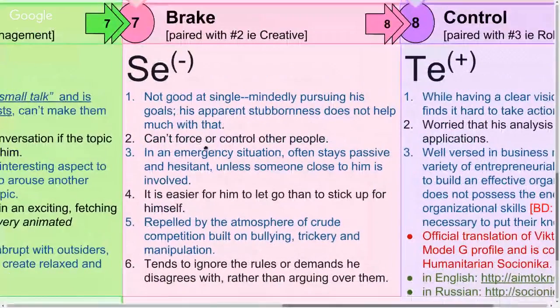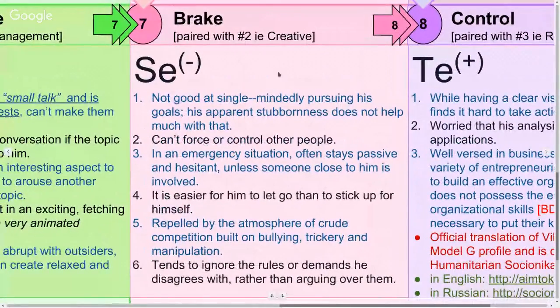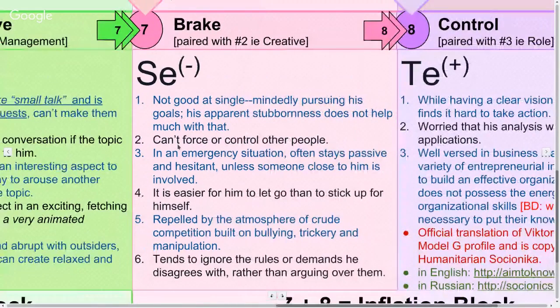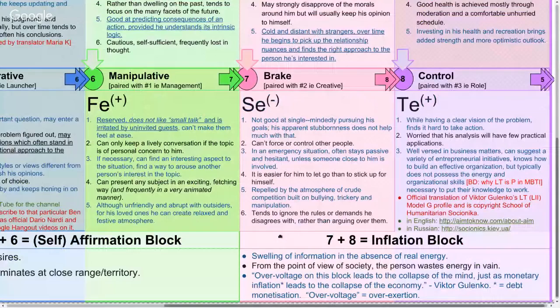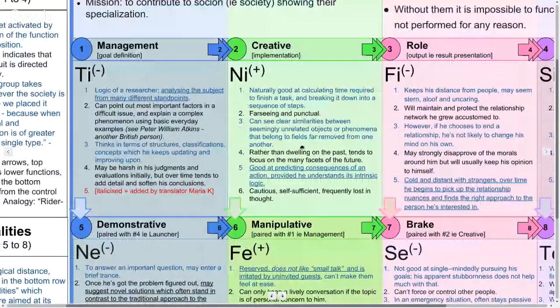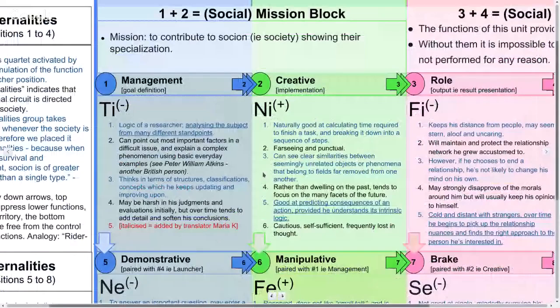Paired with creative. Not good at single-mindedly pursuing his goals. Right, his apparent stubbornness does not help much. See that there? Not good. This is new stuff I'm noticing. Not good at single-mindedly pursuing his goals. Also comes through the social mission block. Also with the NI+.